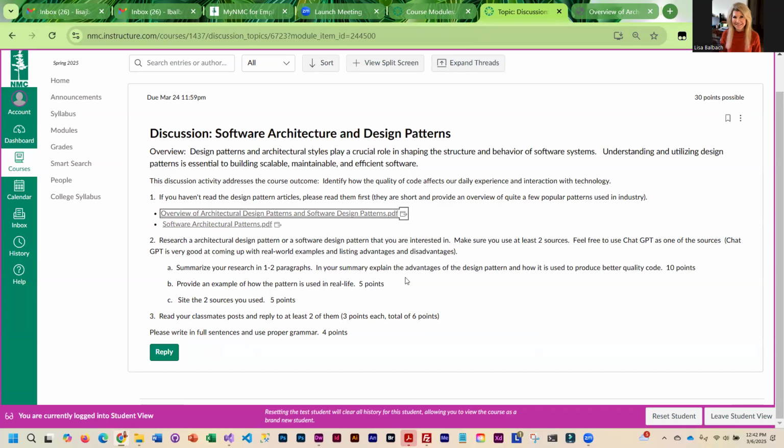And in that summary, explain what the advantages of the design pattern are and how to use it to produce better quality code. And then I want you to provide an example of how the pattern is used in real life. And that is where ChatGPT can probably help you out.